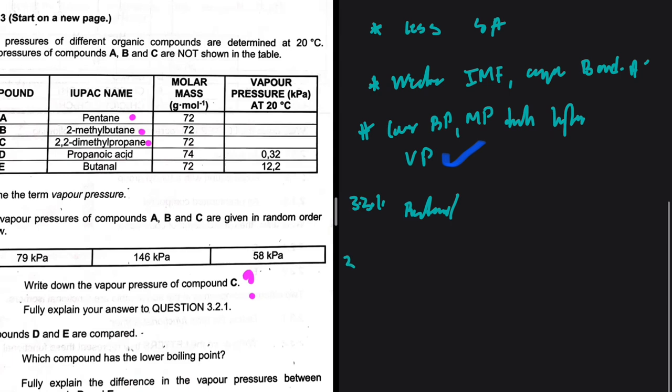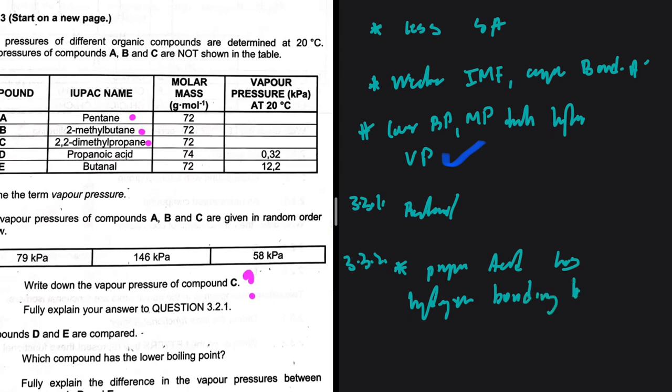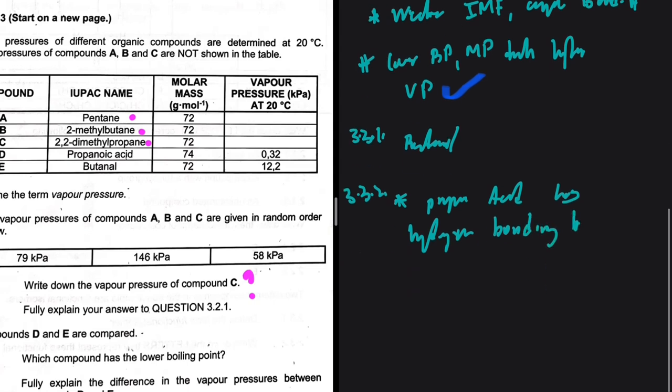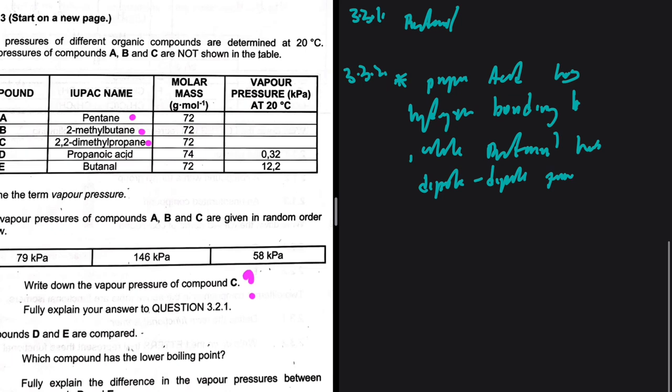Obviously we will have to talk about the functional group in these two compounds and the intermolecular forces you find. Propanoic acid has hydrogen bonding, two sites of hydrogen bonding to be specific, while butanol, so it is an aldehyde, has dipole forces.